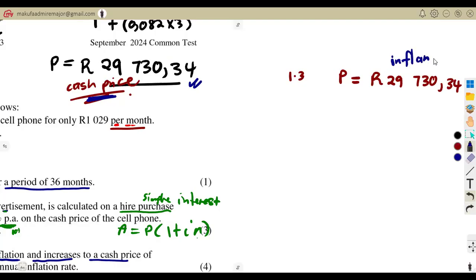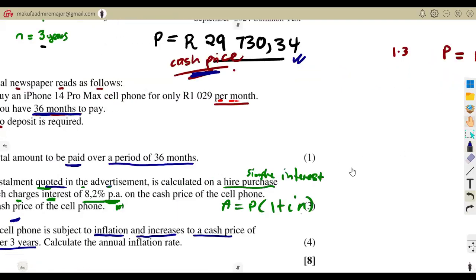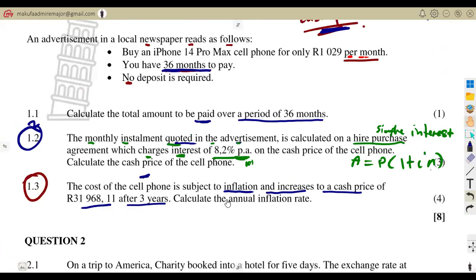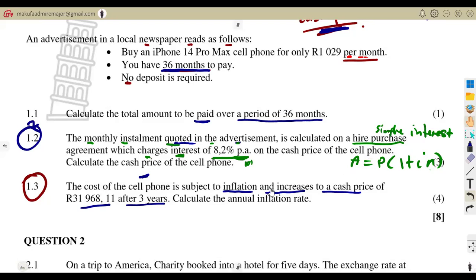That is what we are saying. When it is subjected to this inflation, what is it that is going to be affected here, as we are given?